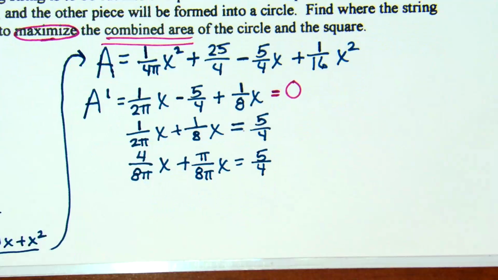Easiest way to add these together, think in terms more of a factoring step. Can we factor an x out? Okay, I kind of think of it that way, or you're adding them. The key is the denominator of 8 pi on top. What is 4 plus pi? Yeah, so I'm going to write it as 4 plus pi over 8 pi, and then times x.